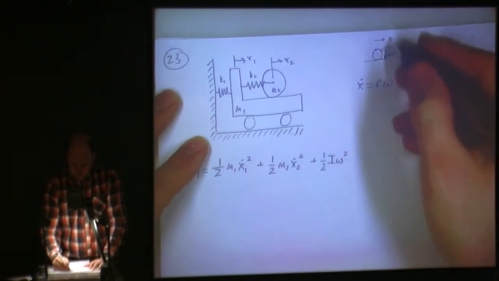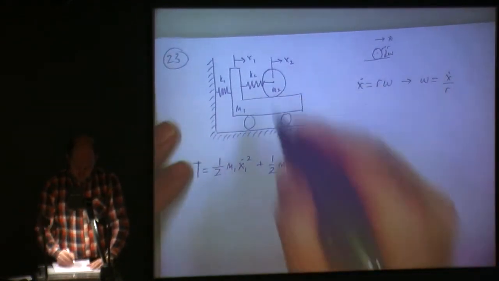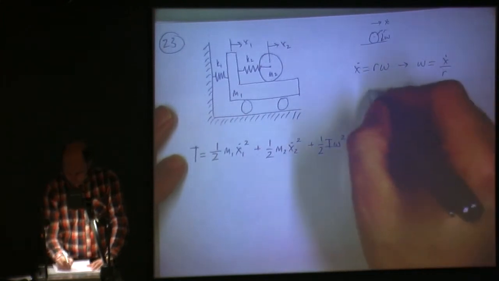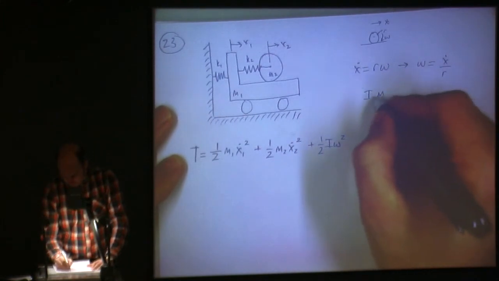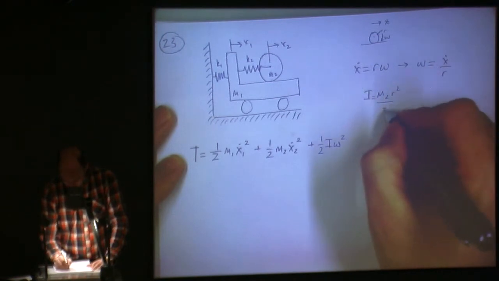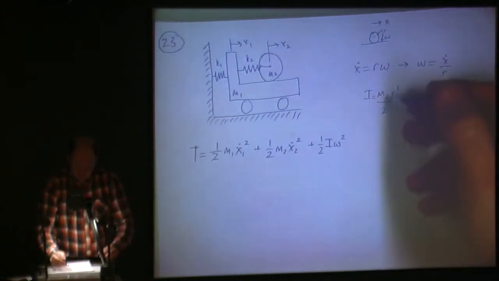And the relationship between that and that is that equation there, or the tangential velocity at the rim. And so we can stick that into here. We know that I is going to be m2 r squared divided by 2. That's for a solid cylinder.